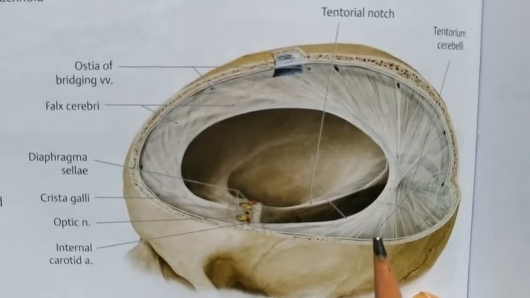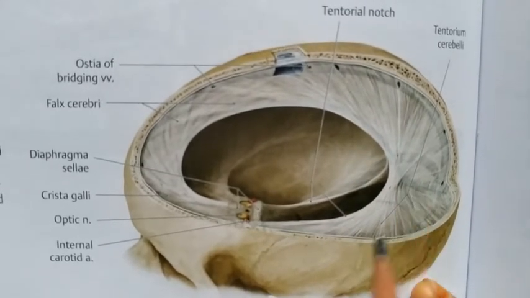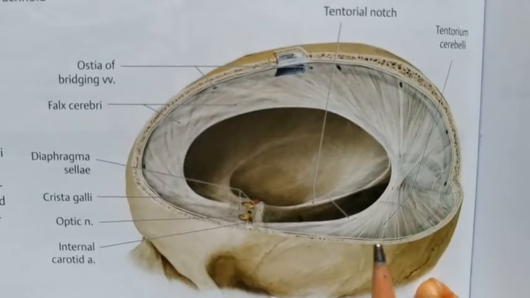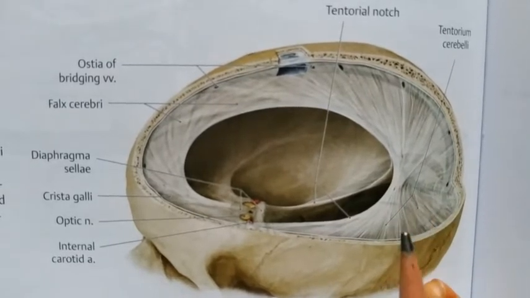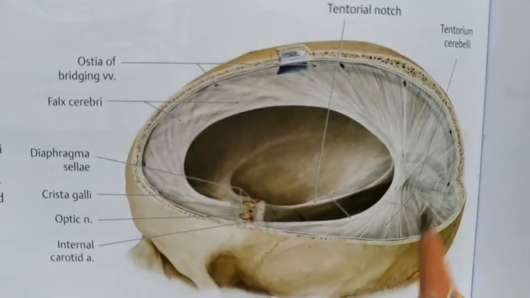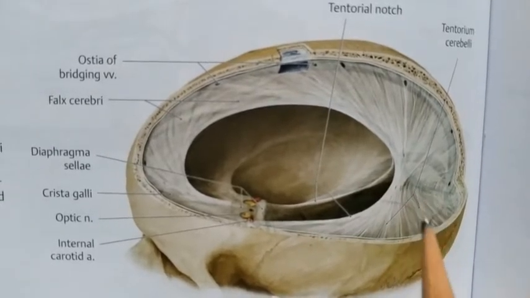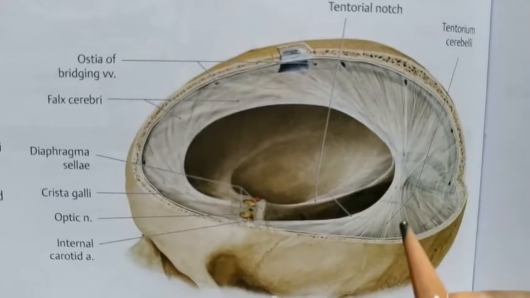The tentorium cerebelli is present at the transverse sulci of the occipital bone, and it is attached peripherally. So there are two parts of the tentorium cerebelli: the attached part and the free part.